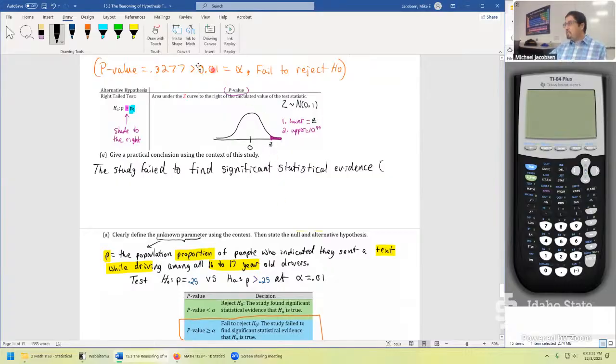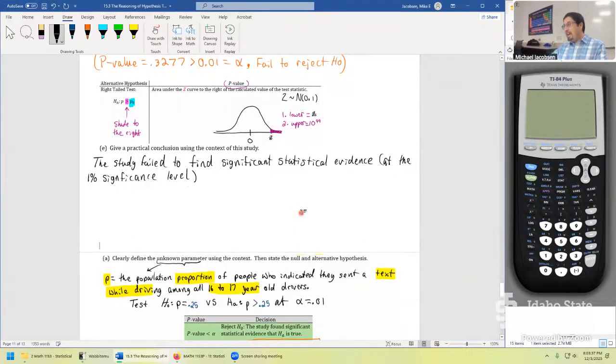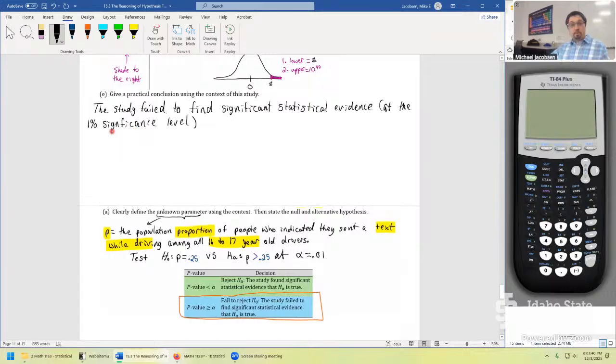It wasn't totally relevant in this because once you get that large of a p-value, once again, for any appropriate alpha value, it's going to be fail to reject. We'll still mention it. This was our benchmark for evidence. This was at the 1% significance level. So we failed to find significant statistical evidence at that benchmark for evidence, 1%, that this is true, HA.